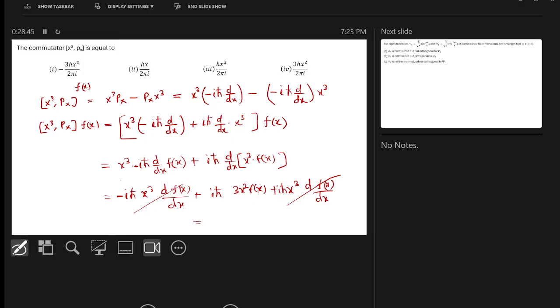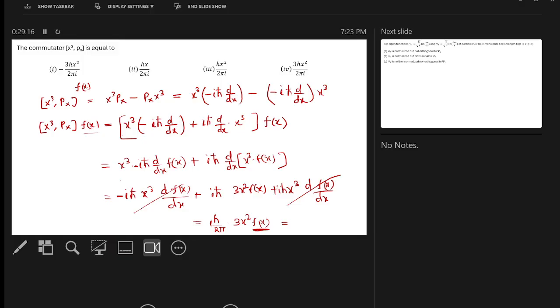We will get i h cross, which we can write as h by 2 pi, and here you will have 3 x square f(x), so we take out f(x).